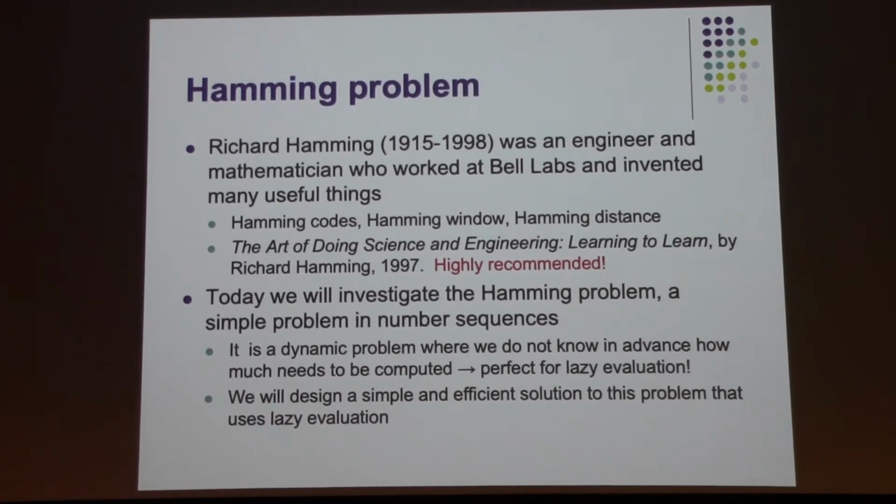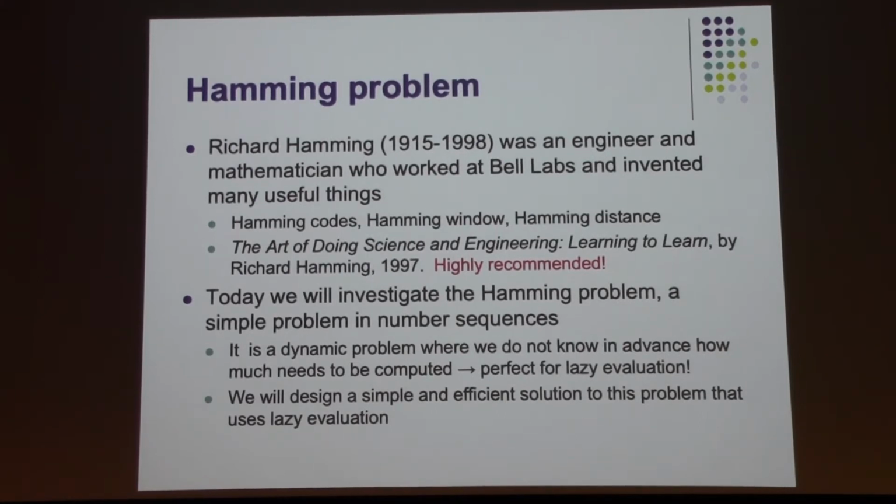And in that book, he puts all his ideas from his own life, and it's really interesting. So if you really want to understand how somebody like Hamming thinks, and how you can be creative and do neat things and learn many things, this is a really good book. So I recommend this book, actually.